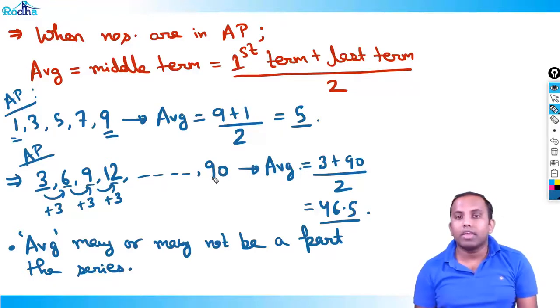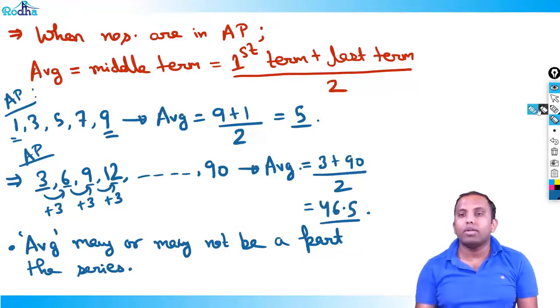So in this case, we got the average as 46.5, which is not a part of the series, right? 46.5 won't occur in the series, because all these numbers are multiples of 3. So near 46.5, like 45, then 48, these terms will go. 46.5 will not be a part of the series.